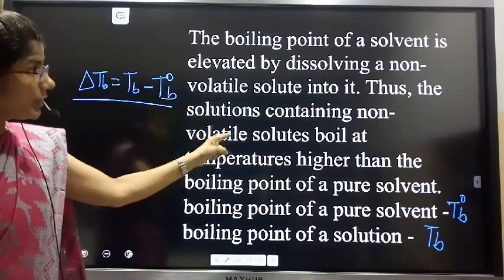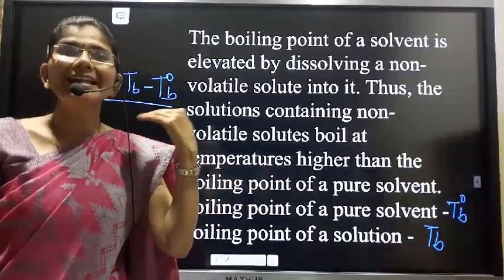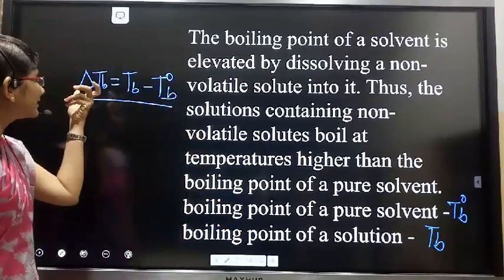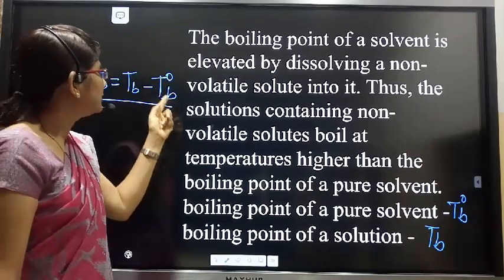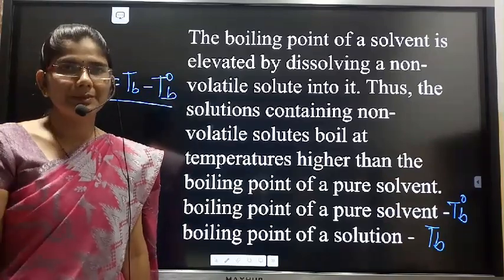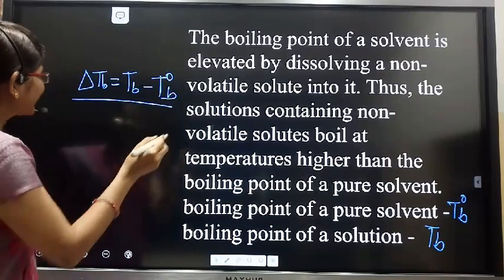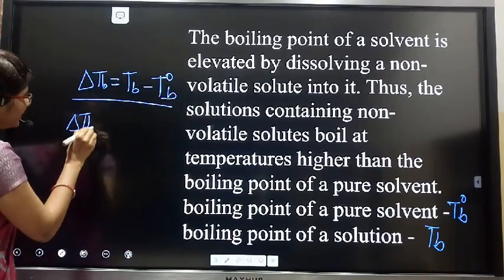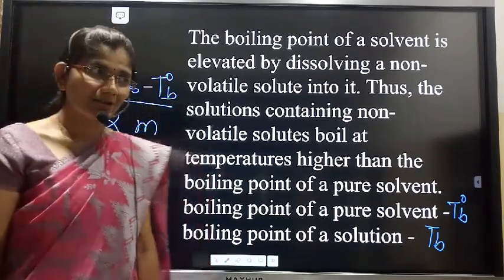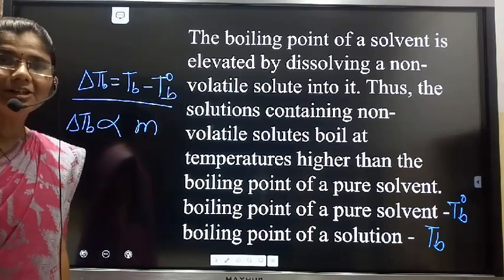So when we add a non-volatile non-electrolyte solute to the solvent, the boiling point of the solution is elevated, and that increase is denoted by delta Tb, which is equal to Tb minus T0b. From thermodynamic consideration and experiments for a very dilute solution, it is observed that delta Tb is directly proportional to small m, the molality of the solution.